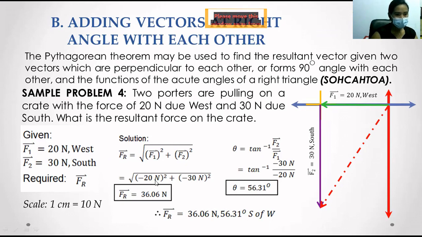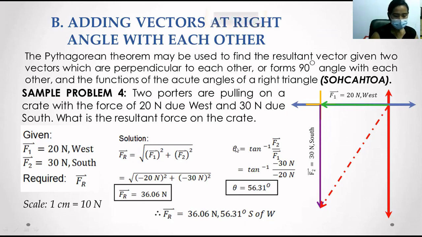That's negative 20 newtons squared plus negative 30 newtons quantity squared. Performing the necessary mathematical calculations, your calculator would read resultant force is equal to 36.06 newtons.